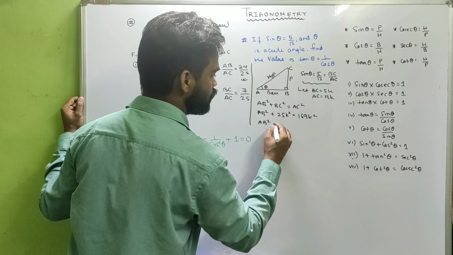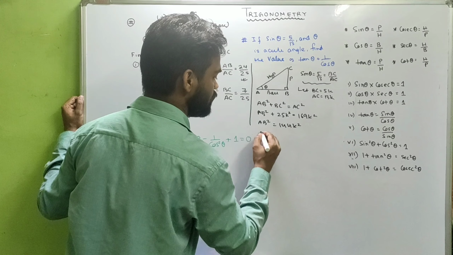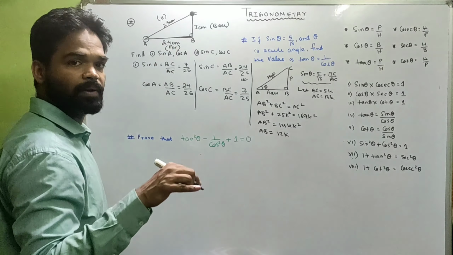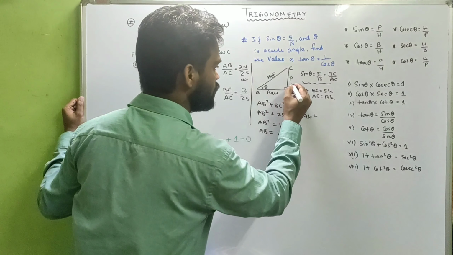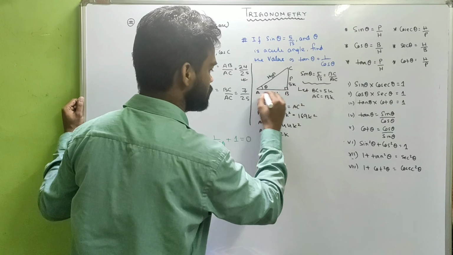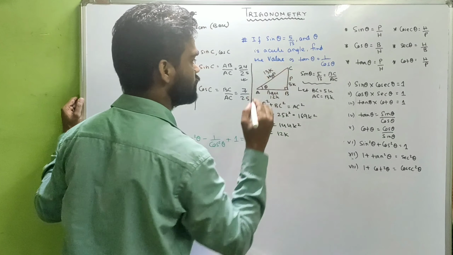So your AB square will be 169 minus 25, that's 144K square, which means your AB will be 12K. Actually it will be plus minus 12K, but we'll take the positive one because this is a line segment. So we got the perpendicular as 5K, the base as 12K and the hypotenuse as 13K.